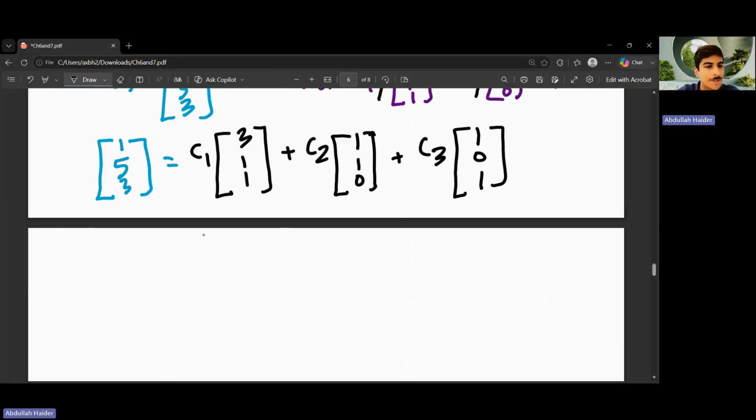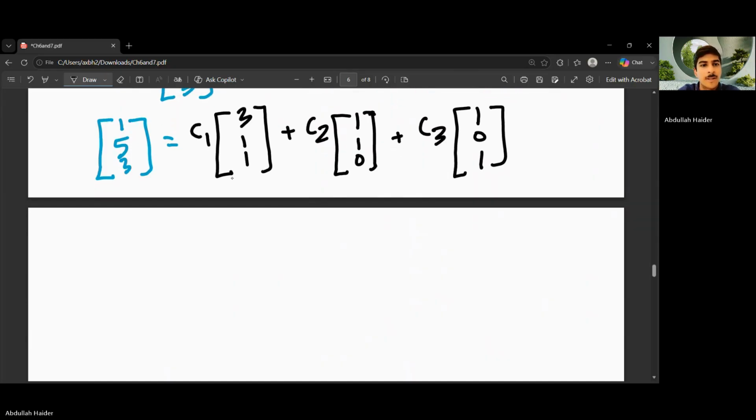We can do this using the method of chapter 3, finding the solution to your equation. Treat it like you're solving a system of equations in x, y, z.